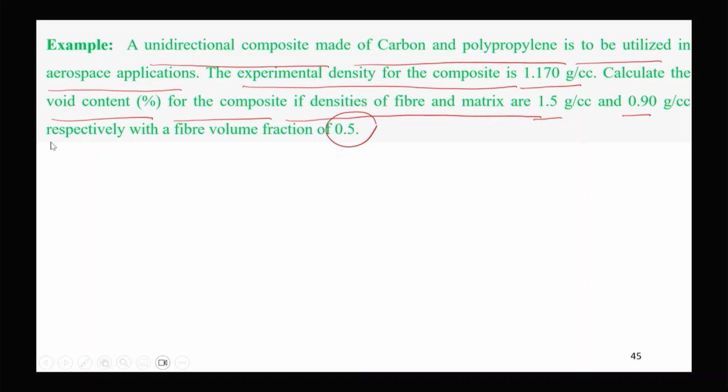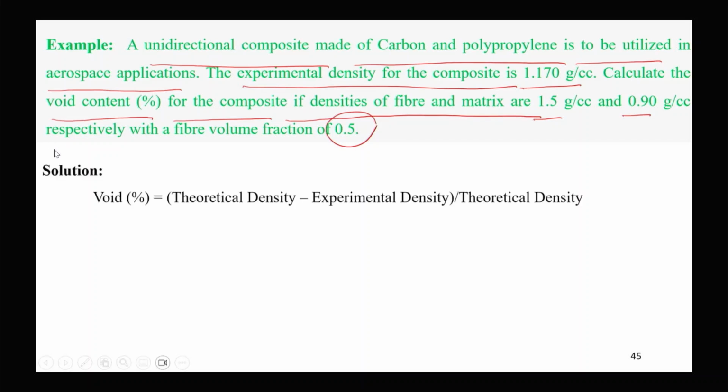So densities are given. Void content is equal to theoretical density minus experimental density divided by theoretical density, and if we multiply by 100, it will be percent. This is void content for a composite.